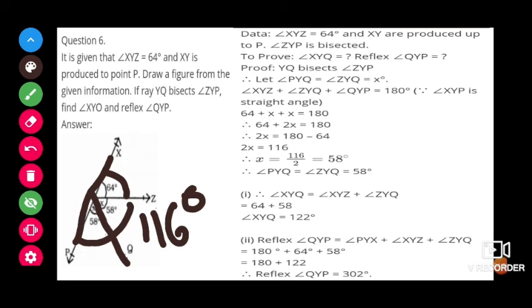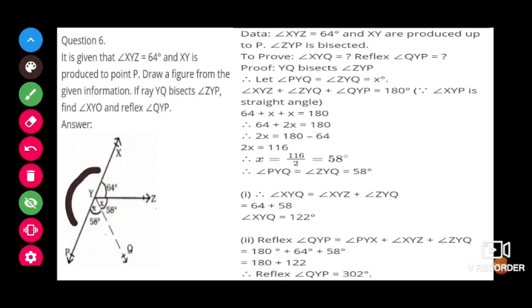So 116 in two equal parts is 58 and 58. This is the first basic step. We filled in all the angles in the figure. And we know that this side will be 180 because it's a straight line. Now we will see what they are asking.